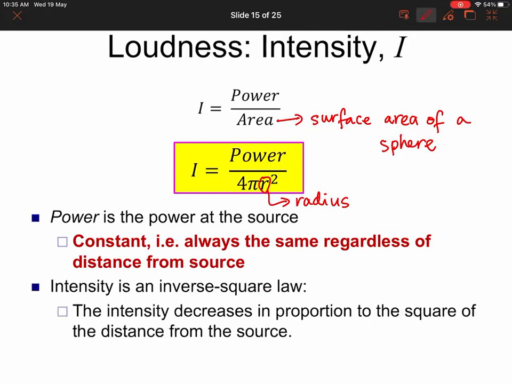So here, the intensity is inversely proportional to R squared. We call that the inverse square law. That means that how loud the sound is decreases quite quickly as you go farther away from the source. It's a 1 over R squared dependence.